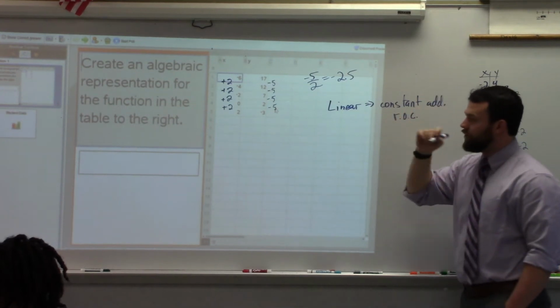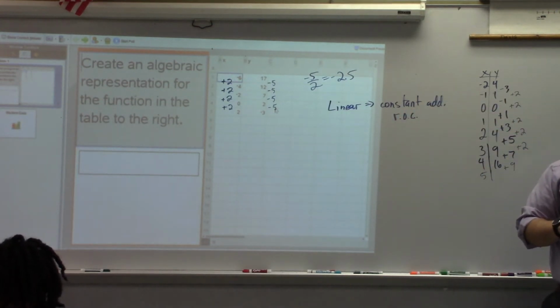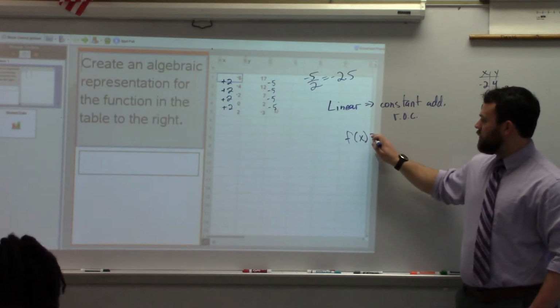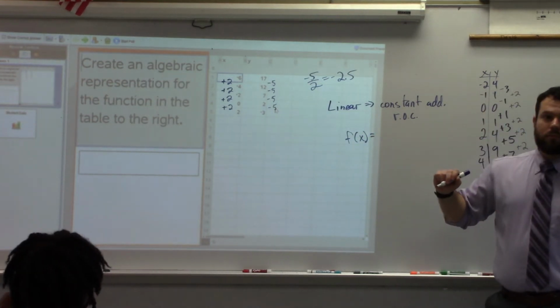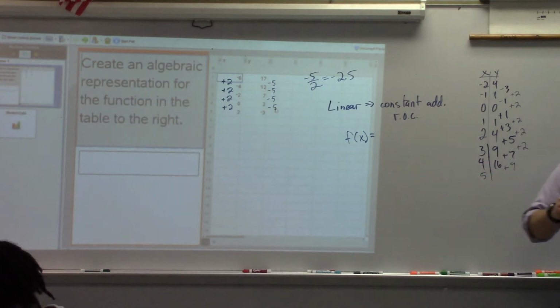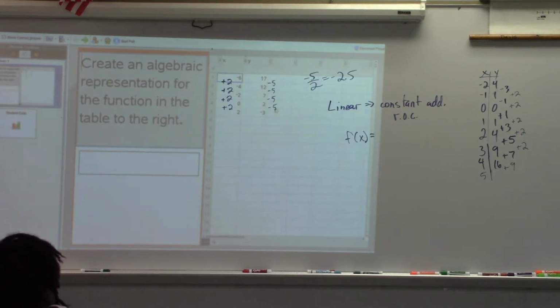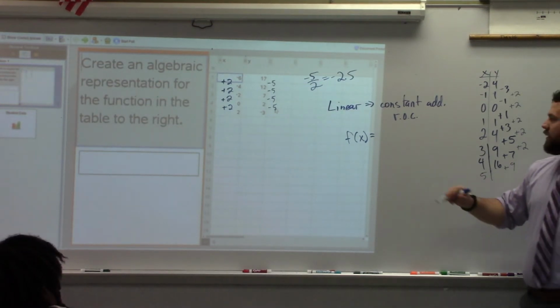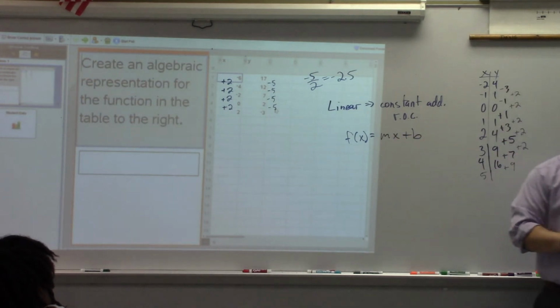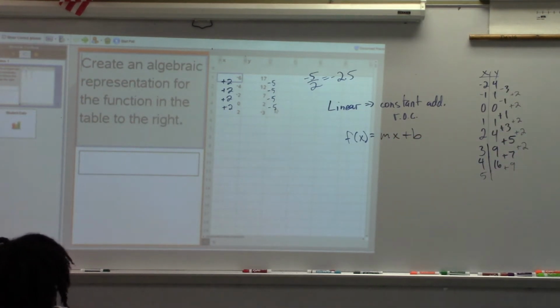So what equation should we automatically be thinking about? f of x equals mx plus b. You gotta know that equation. As soon as you identify it's linear, we gotta know that equation.